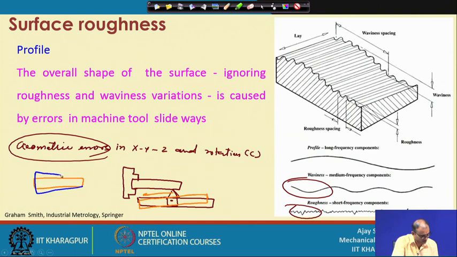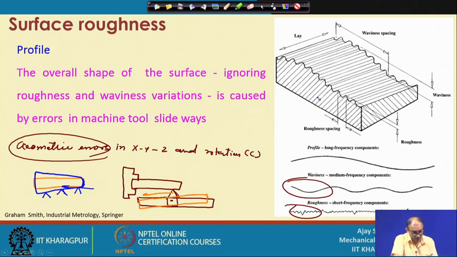So, this is the surface which you are going to get, because your tool is moving in this direction. So, this is your tool motion, but your actual tool motion should be in a straight line. So, this is a very long variation or long wavelength component, which happens because of the geometric error of the machine tool slideway or the axis orthogonality. So, those are things called the geometric errors.